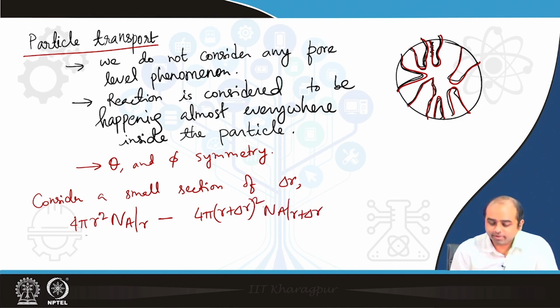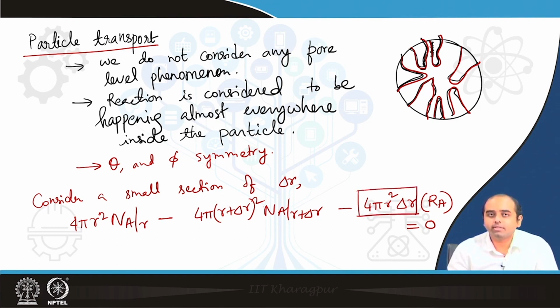So, this is the flux toward at the r, and then we write down the flux that is coming out at r plus delta r, and this is subjected to the volumetric reaction, right. So, the flux in minus flux out is equated to the disappearance or the consumption by the chemical reaction, which is this term. So, this gives you the volume of that elemental section multiplied with the rate of reaction in this case.